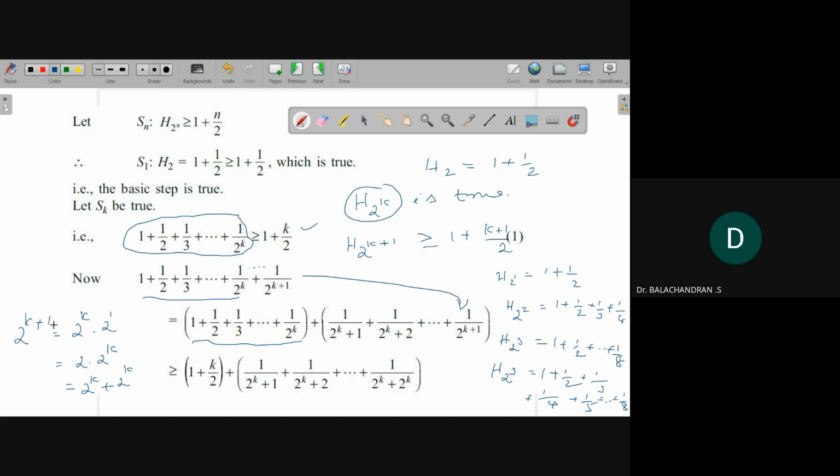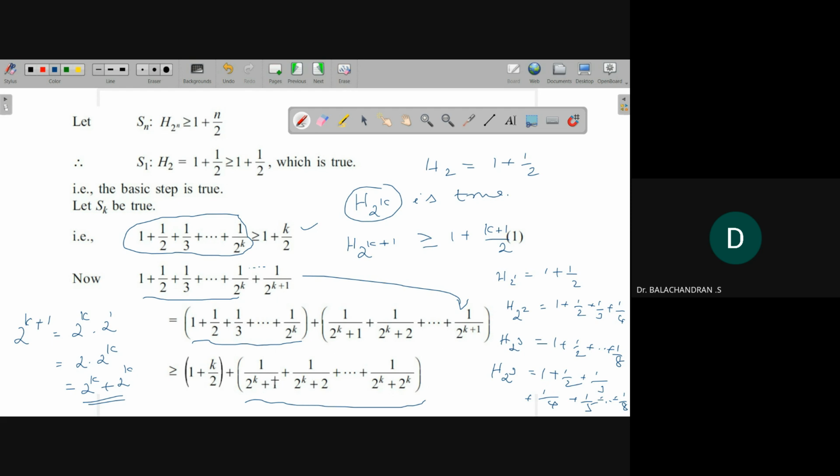That's why for 2 power k plus 1, we are writing 2 power k plus 2 power k. So why should we write like this? The reason is, if we have 2 power k plus 1, we don't know how many terms are in this bracket. If you write 2 power k plus 2 power k, now I can tell the total number of terms in this bracket.